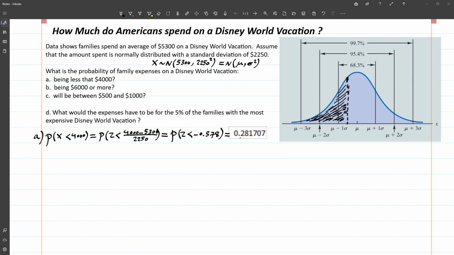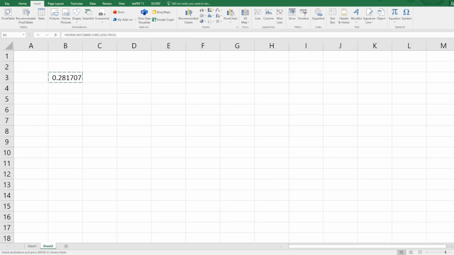If I go back to my Excel sheet and copy paste this function with the number negative 0.578, I'm using a standard normal random variable, so the mean is 0 and the standard deviation is 1.